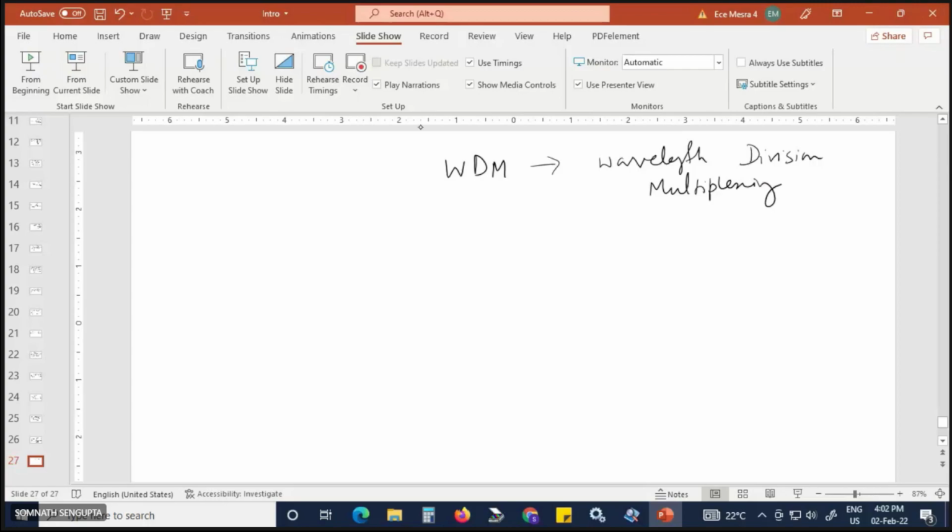In electrical communication, it is actually equivalent to FDM, frequency division multiplexing, where different channels are connected with different light sources. So it is lambda 1.